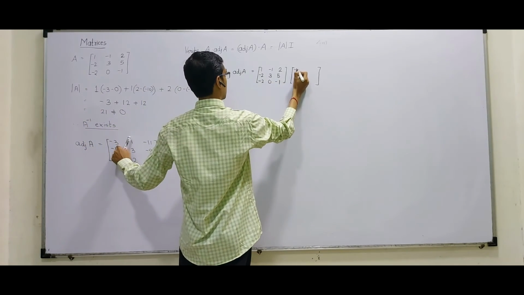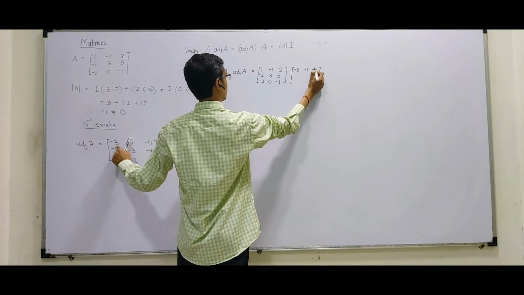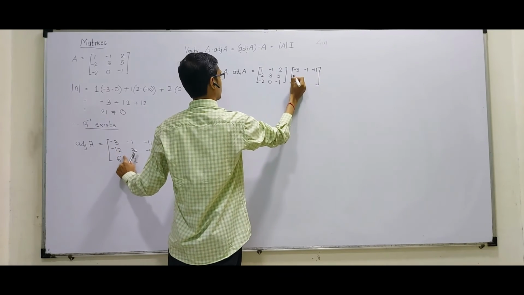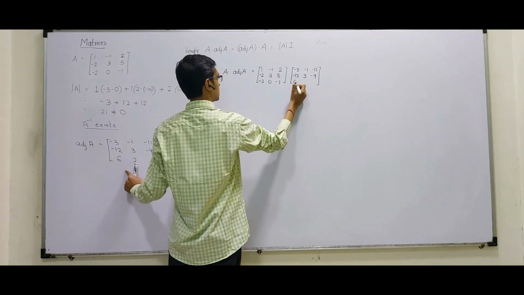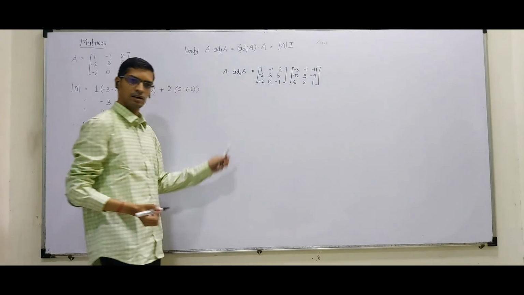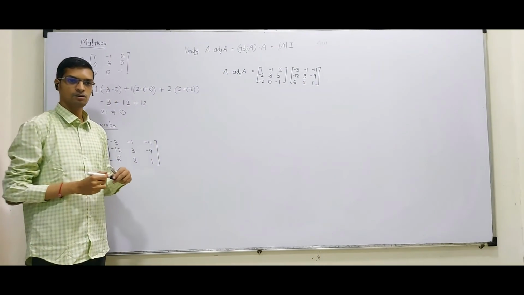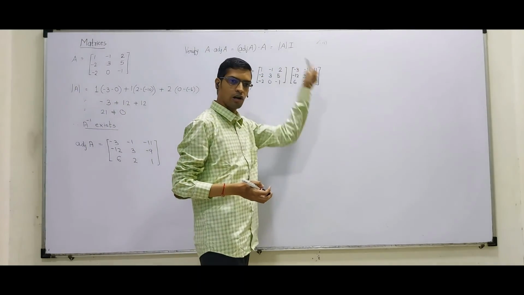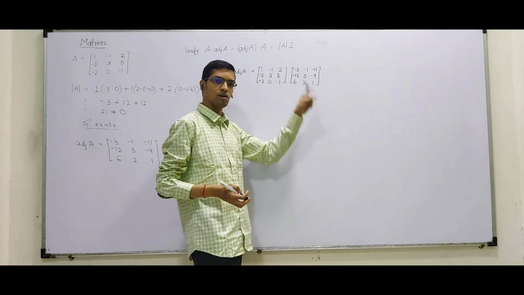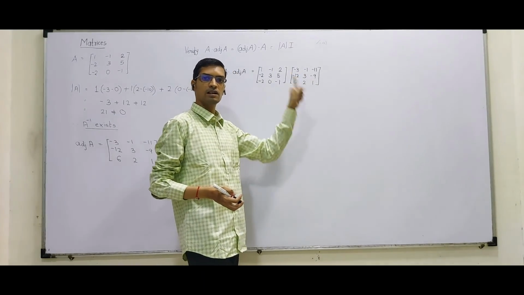Adjoint A is -3, -1, -11, -12, 3, -9, 6, 2, 1. Now multiply these matrices. I hope everybody knows: first row with all columns, second row with all columns, similarly third row.